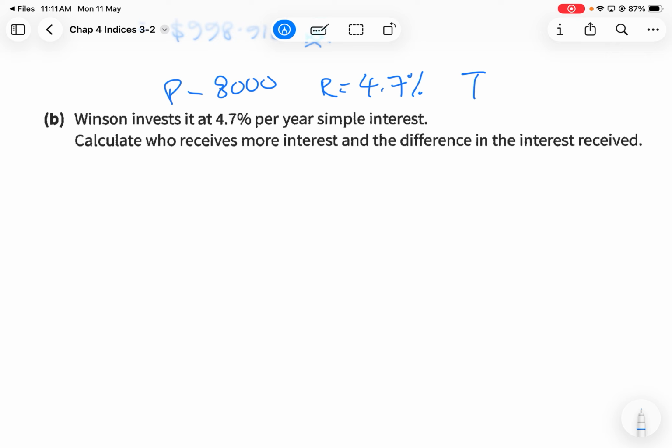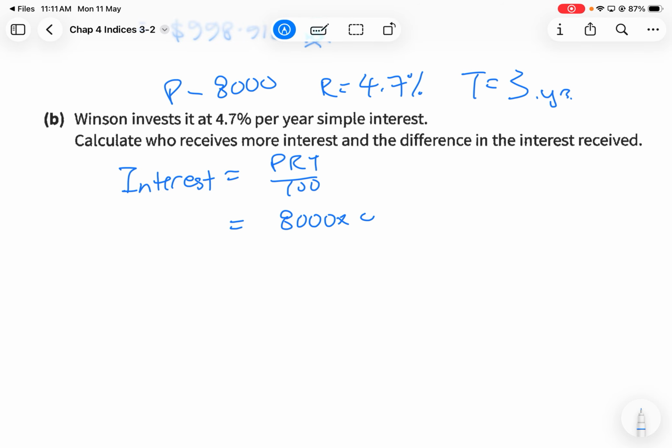The time is 3 years. So for part B, this is my P, this is my R, this is my T. So when I want to find the interest, it is equals to PRT over 100 equals to 8,000 multiply 4.7 multiply 3 over 100.